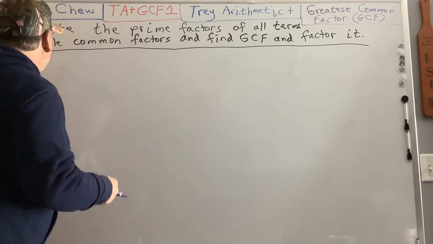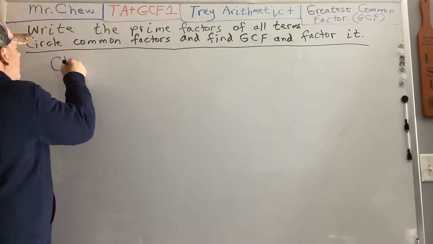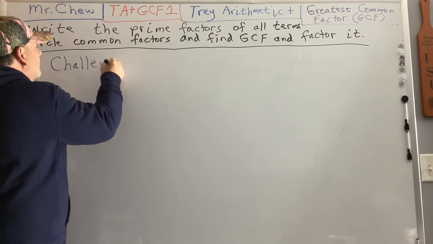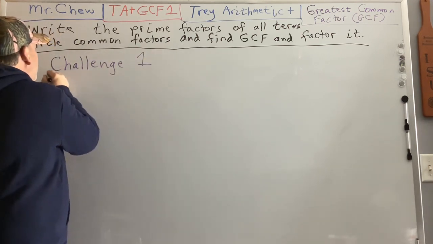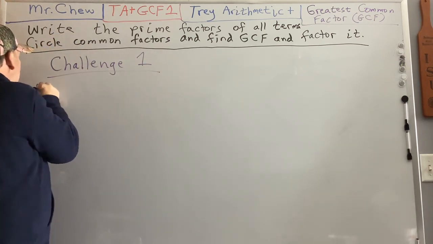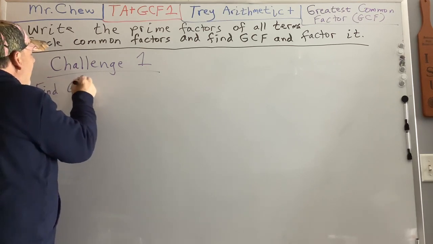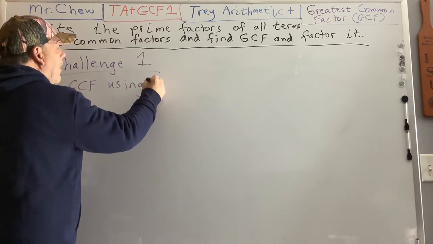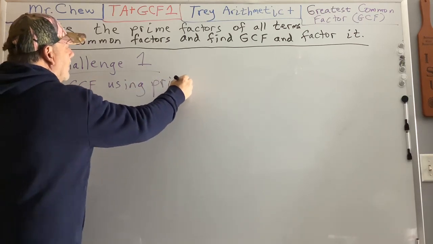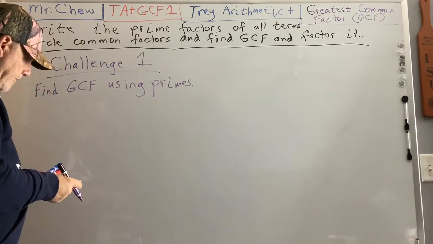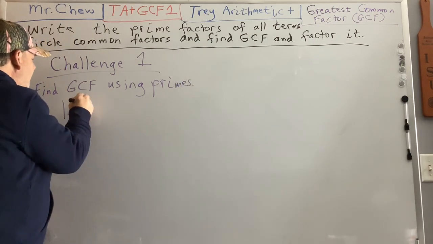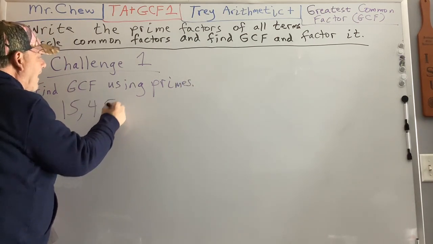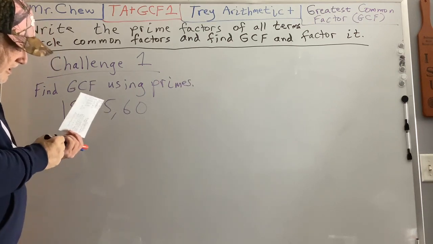Challenge 1: I just want you to take these three and find the GCF using primes. What are the numbers? 15, 45, and 60.